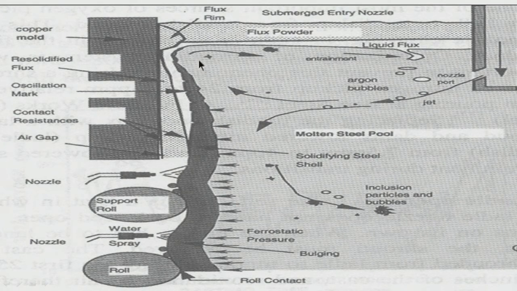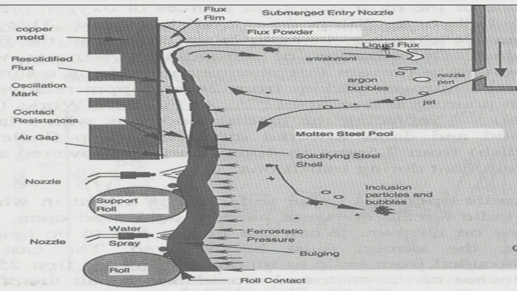So this will take this path and go to the surface, where we have mould flux, or mould powder. Initially we use powder which, in contact with the liquid steel, forms some amount of liquid flux, which we call mould flux. So this is liquid flux forming from the flux powder. It is melting, so there is some amount of liquid.